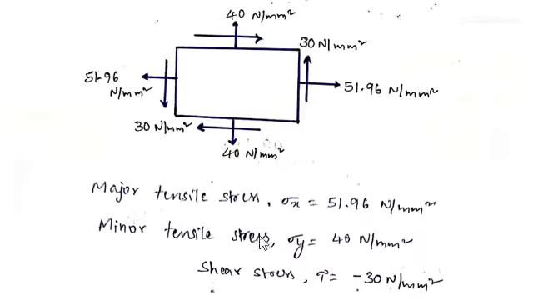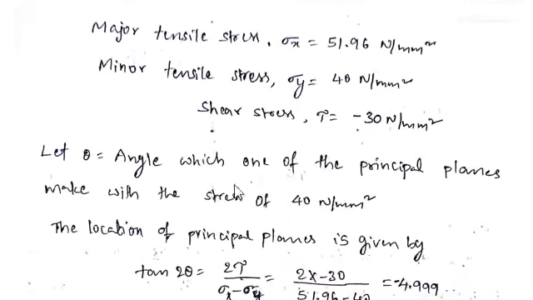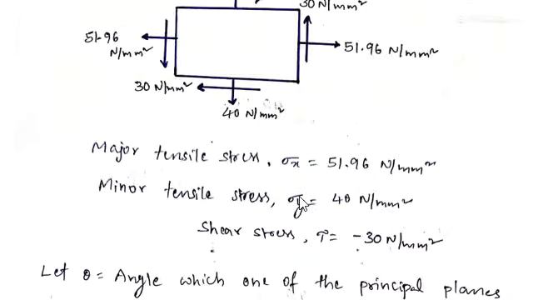So here we are taking this as a major tensile stress sigma x, 51.96, and this as a minor tensile stress sigma y, 40 Newton per mm square, and the shear stress on these two perpendicular planes as tau, that is minus 30 Newton per mm square. So here let theta be the angle which one of the principal planes makes with the stress 40 Newton per mm square.